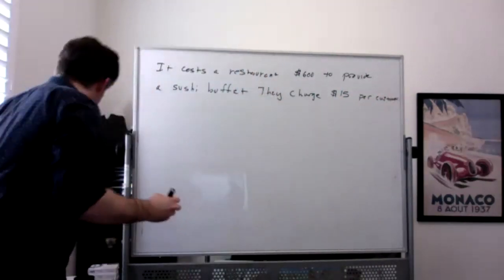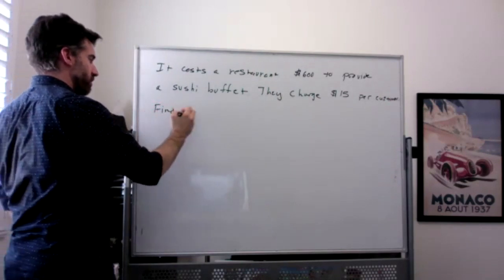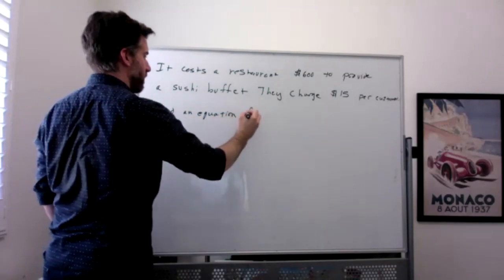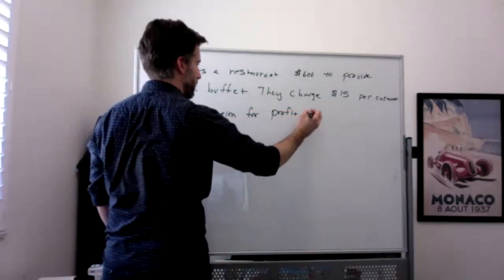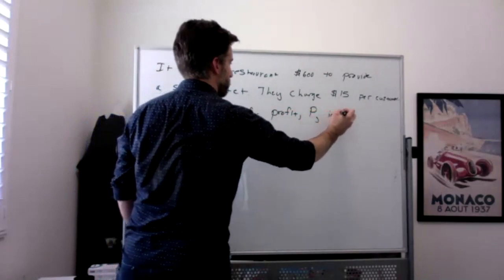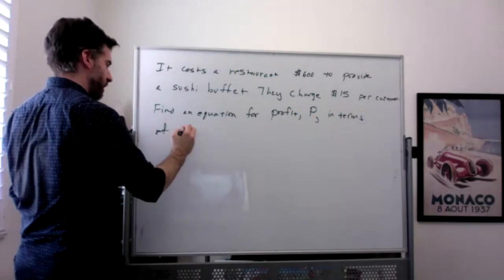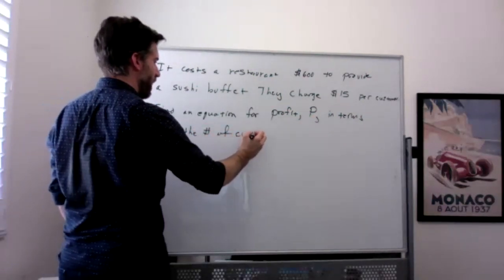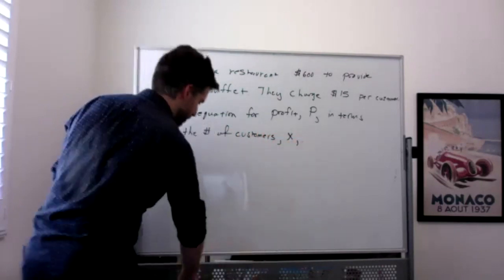We want to find an equation for the profit, which we will call capital P, in terms of the number of customers, which we'll call x.